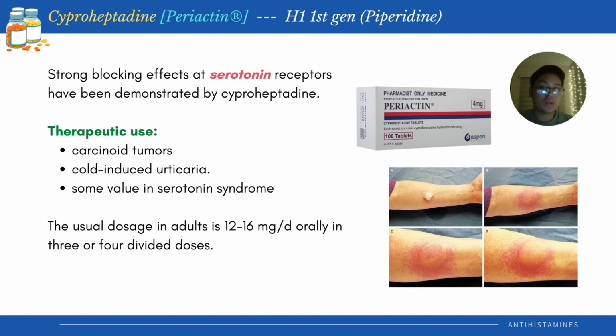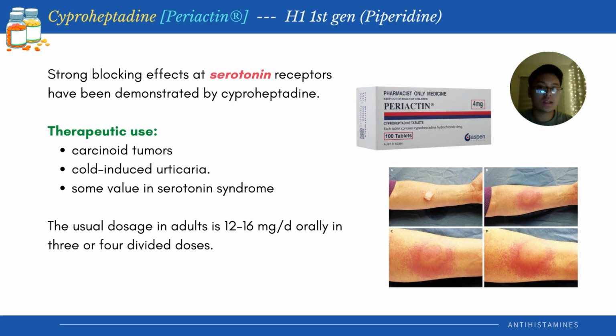Now let's talk about the important details of some of the drugs of the first generation, starting with cyproheptadine. So strong blocking effects at serotonin receptors have been demonstrated for some of the first generation H1 antagonists, notably cyproheptadine. The major clinical applications of this drug are in the treatment of the smooth muscle manifestations of carcinoid tumor and in cold-induced urticaria.